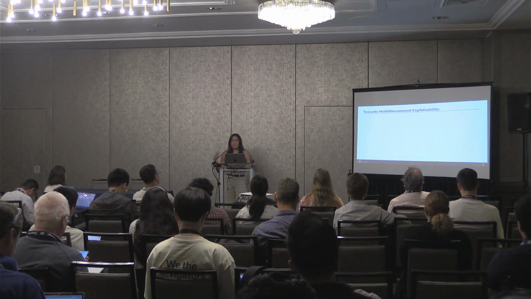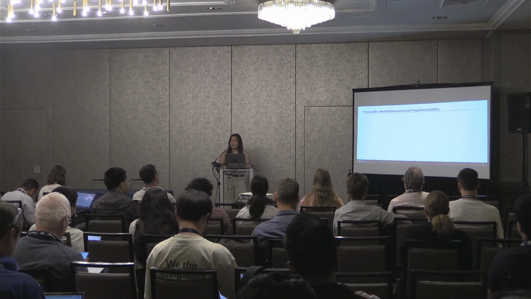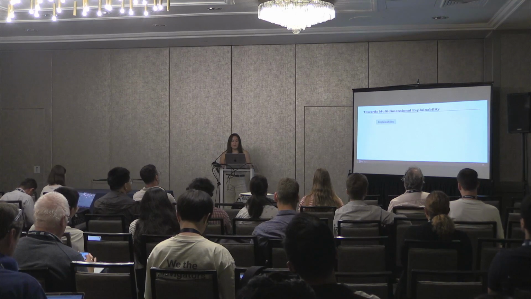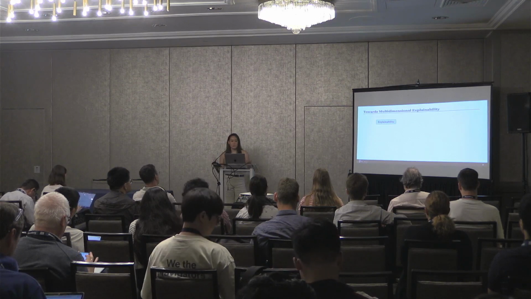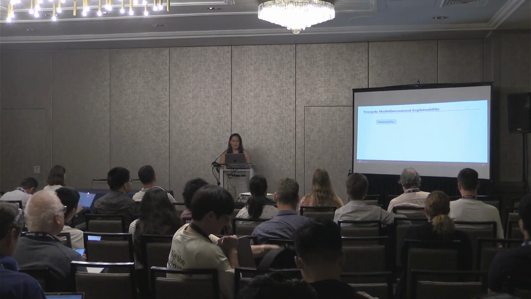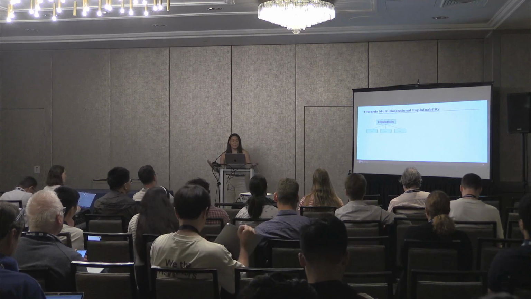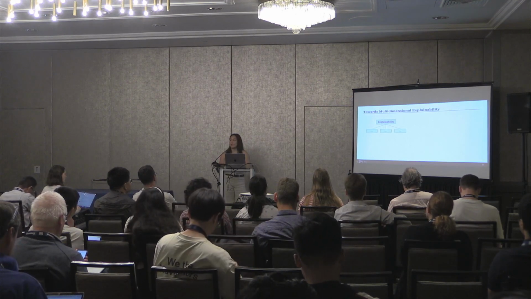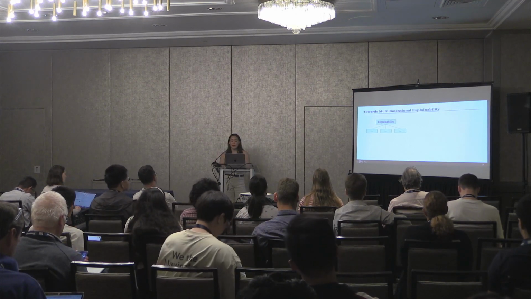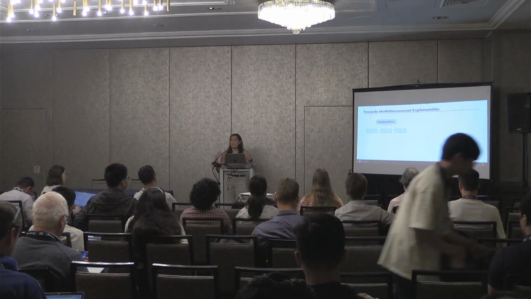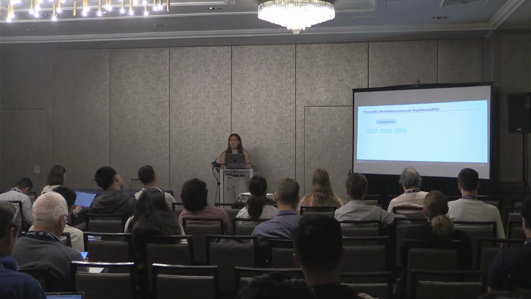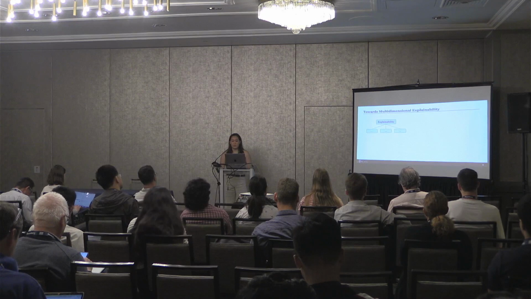However, there are some existing issues, which we started to touch upon today, with the current approach to explainability. The first is that explainability is often considered to be a singular notion. As we saw with Veronica's presentation, instead we should think about explainability as a notion of several subfactors, and this is well supported in the literature.